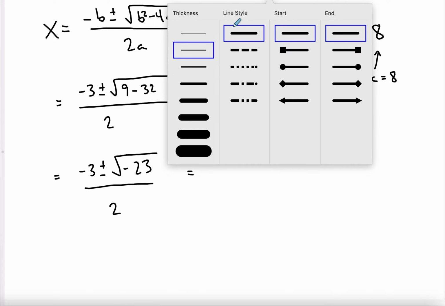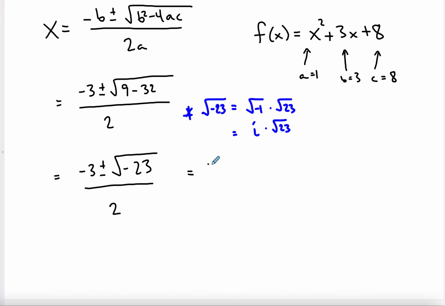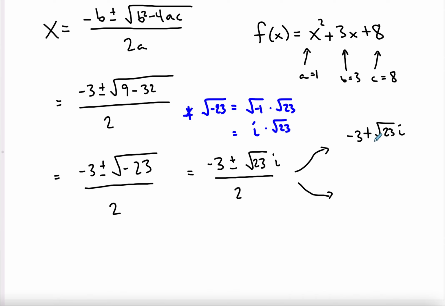And so we're left here with negative 3 plus or minus the square root of 23 times i, divided by 2. Now we have two scenarios, a plus scenario and a minus scenario. Negative 3 plus the square root of 23i over 2. Negative 3 minus the square root of 23i over 2.